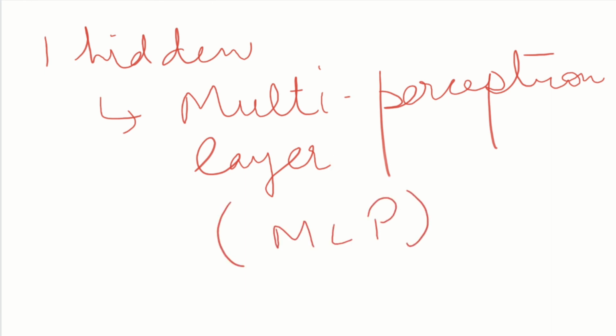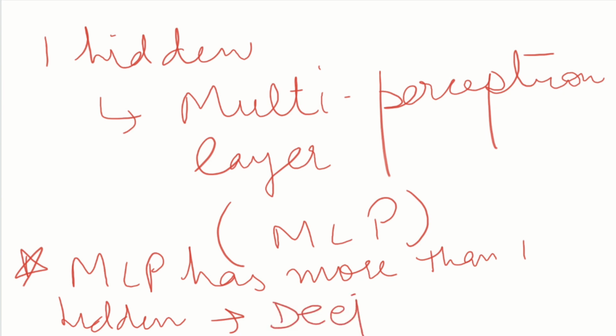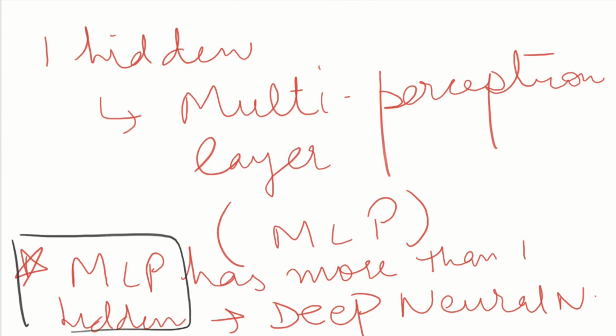Its short form is MLP, multi-layer perceptron. If MLP has more than one hidden layer, it is called a deep neural network. This is a vast part of the ANN, so we will not cover this one. Let's focus till here, multi-layer perceptron.